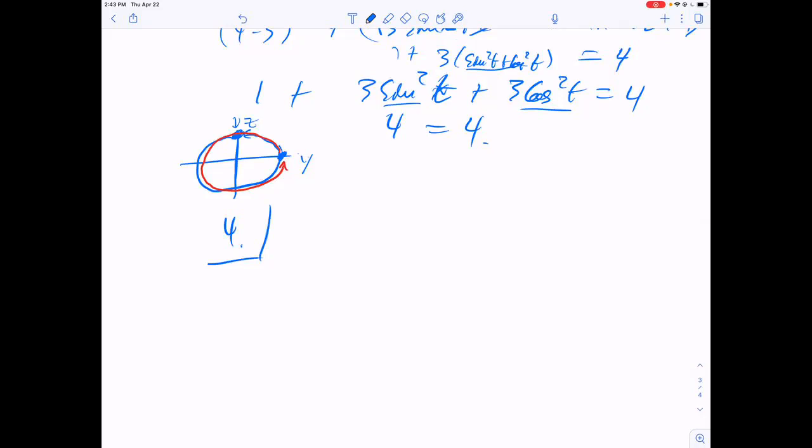So we're finding where two planes intersect, right? So you're finding the intersection.